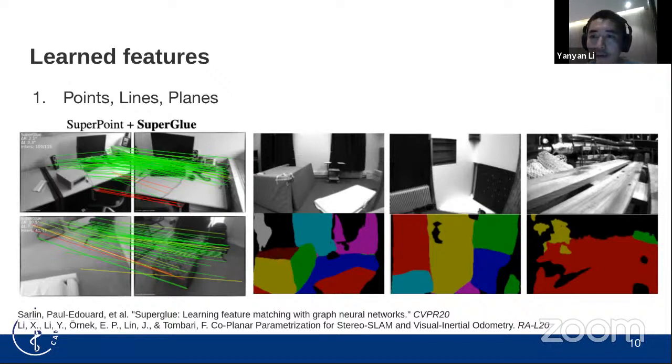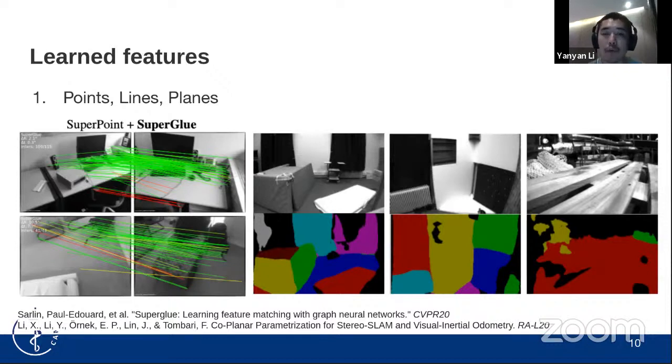In those right figures, the first row is the input RGB image. Here I show it in green, and then when you feed those RGB images, or even a single RGB image to the network, you can achieve this plane instance segmentation result.